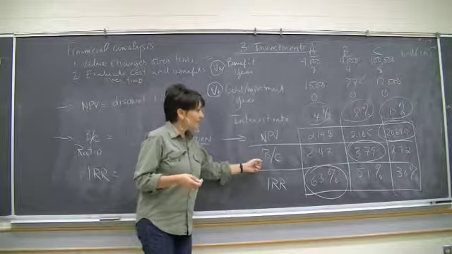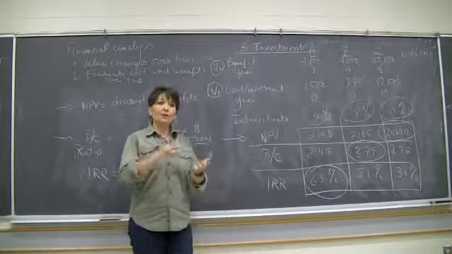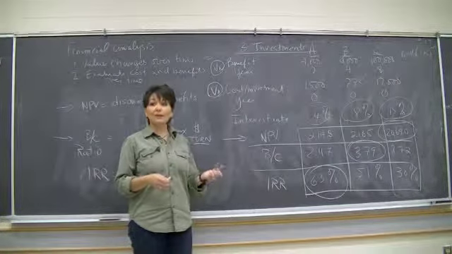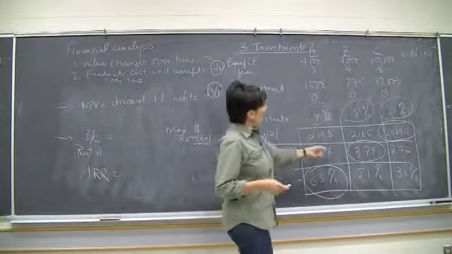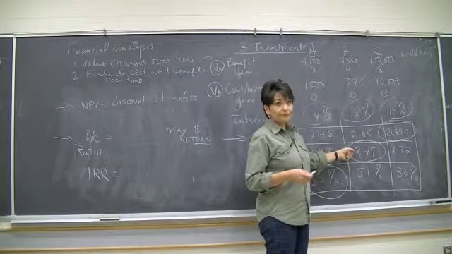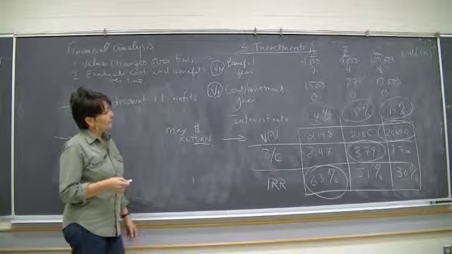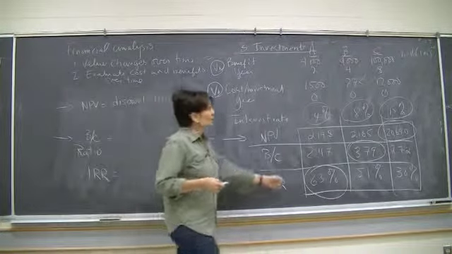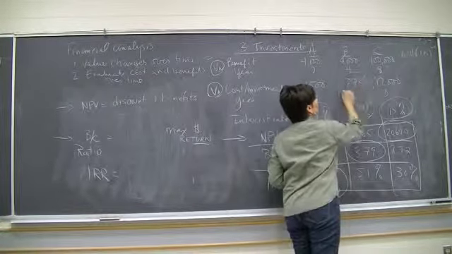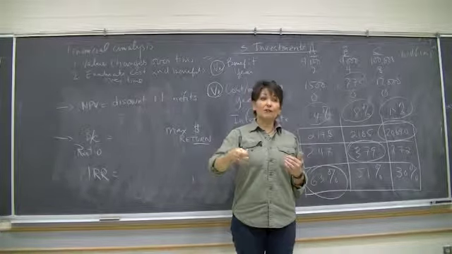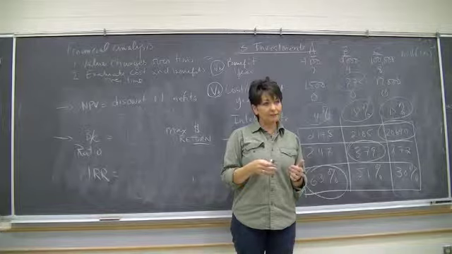If you wanted to maximize the ratio, the return on investment, or the amount for every dollar invested, then project B is the best. Why is that? The reason is because the investment is the lowest. So you're getting more return for every dollar you invested.